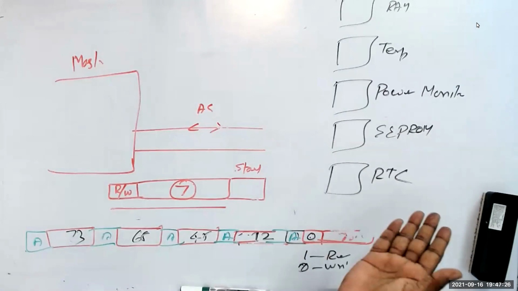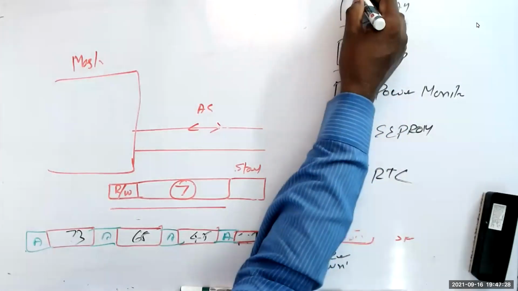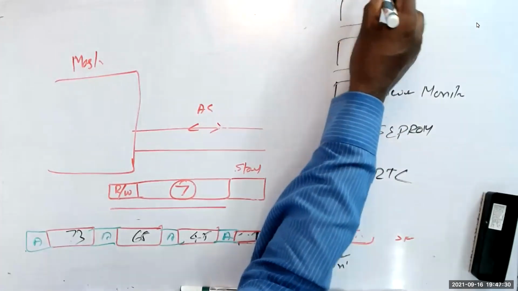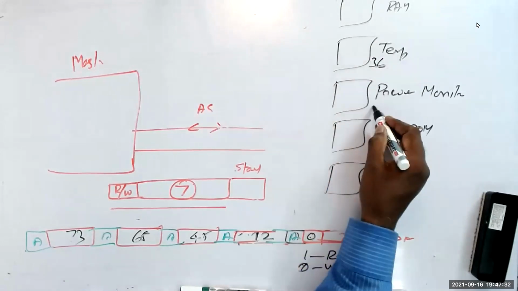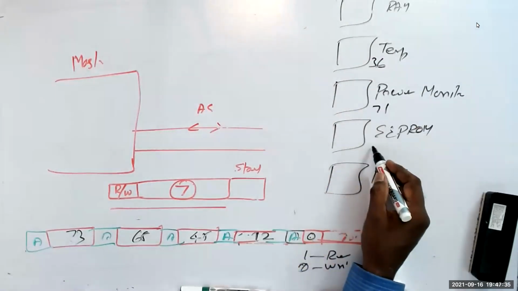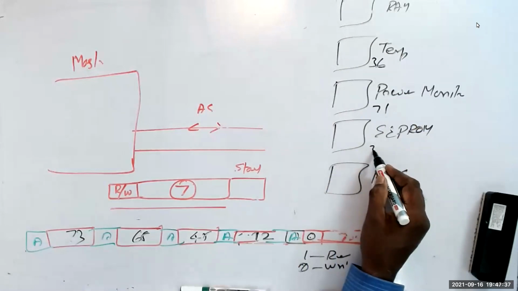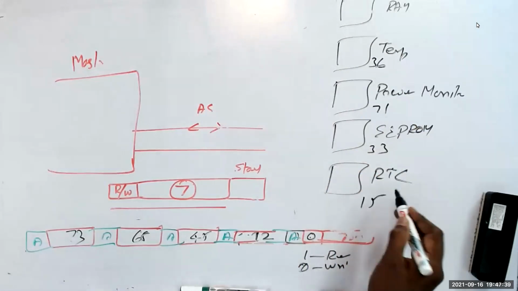You'll be using so many devices. This guy's address could be 25, 36, 71, 33, 15. Could be anybody.